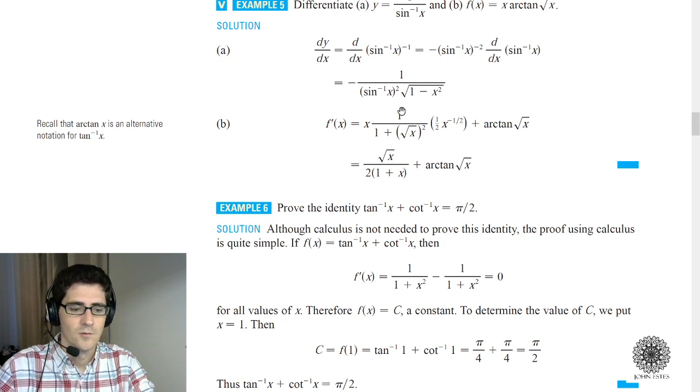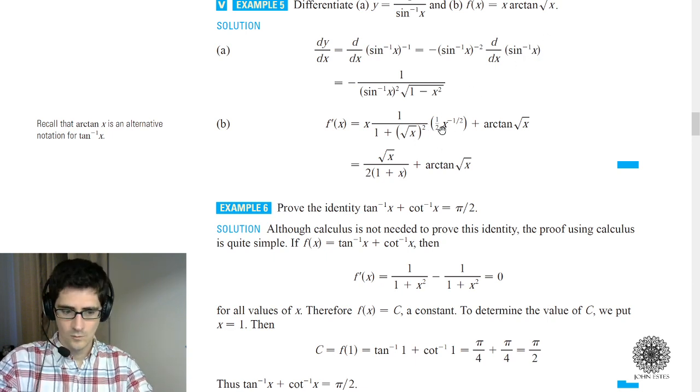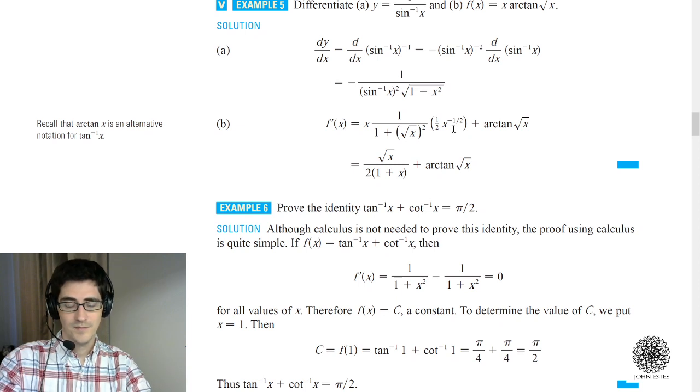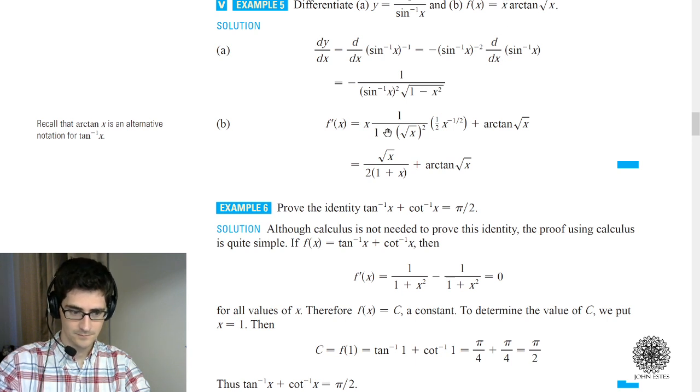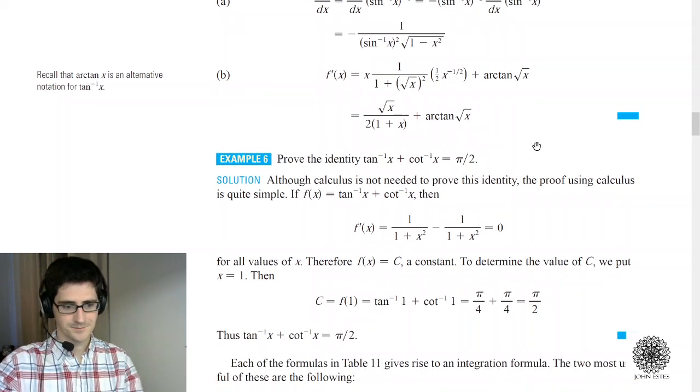So I get 1 over 1 plus root x quantity squared, times the derivative of u, which would be the derivative of square root of x, 1 half x to the negative 1 half power, right? Remember that, because square root of x is x to the 1 half power. Okay, so that's first times the derivative of the second, plus the second, which is arctan root x, times the derivative of the first, which is 1.